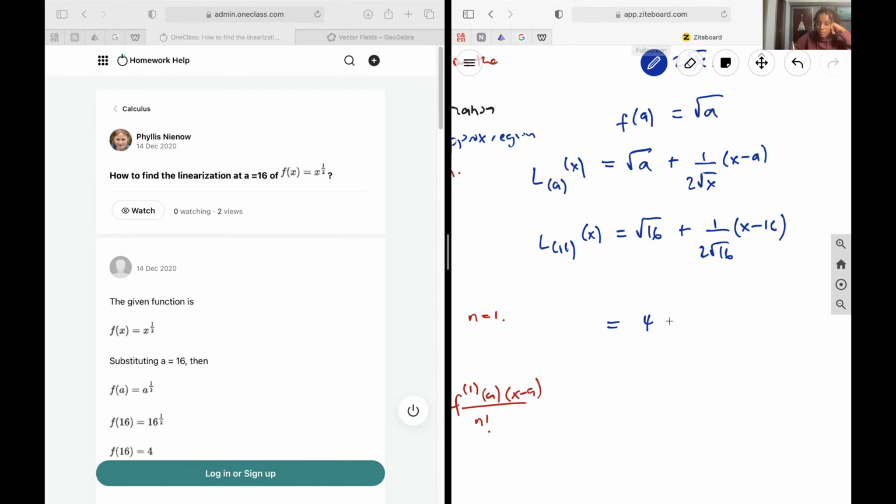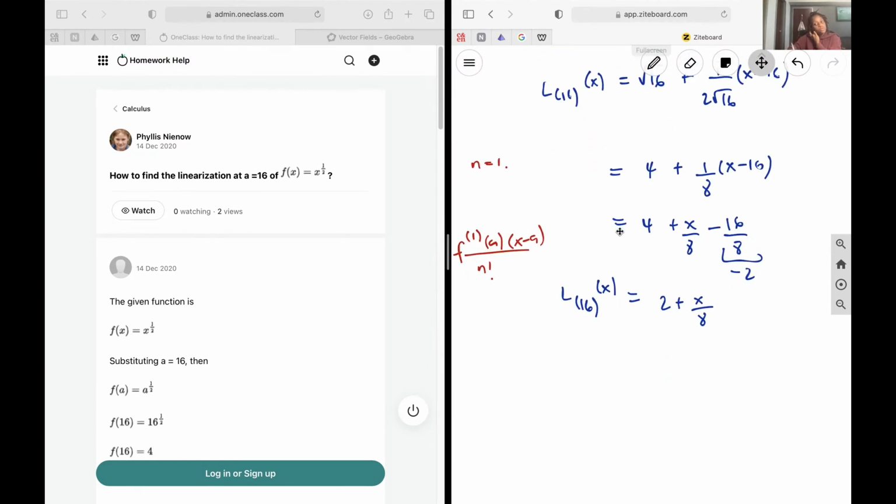And this will give us 4 plus 1 over 8 x minus 16, which should give us 4 plus x over 8 minus 16 over 8. This is going to give us minus 2, so 4 minus 2 is 2, leaving us with 2 plus x over 8 is going to be our linearization at a point near that 16.